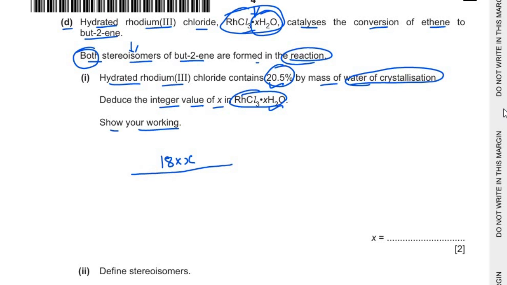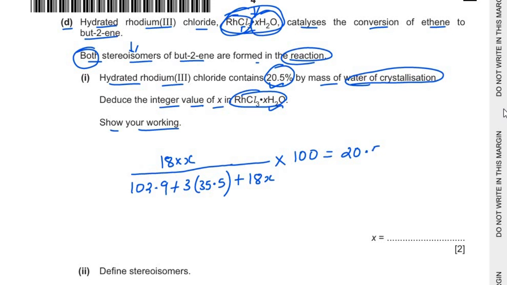The total mass is the mass of rhodium, 102.9 as given, plus chlorine. There are 3 chlorine atoms, so we multiply by 3. The mass of chlorine is 35.5. So that's what we total up for rhodium(III) chloride, plus water, which is 18x. Now this has to be multiplied by 100 to get the percentage, and we know the percentage is 20.5, given in the question. So this is how we find the percentage, and that's what we have applied.